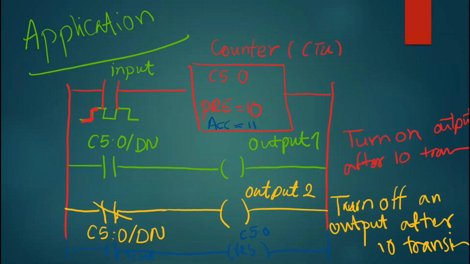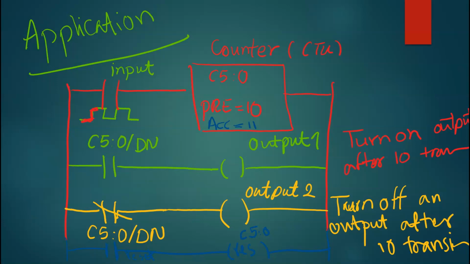So after the 10th transition, if I receive another transition, then our ACC will go to 11. Sometimes we want to make sure that the accumulator value cannot exceed our preset value. That's our second case. In the first case, which we discussed here, we don't care what happens to the accumulator value after it reaches the preset.